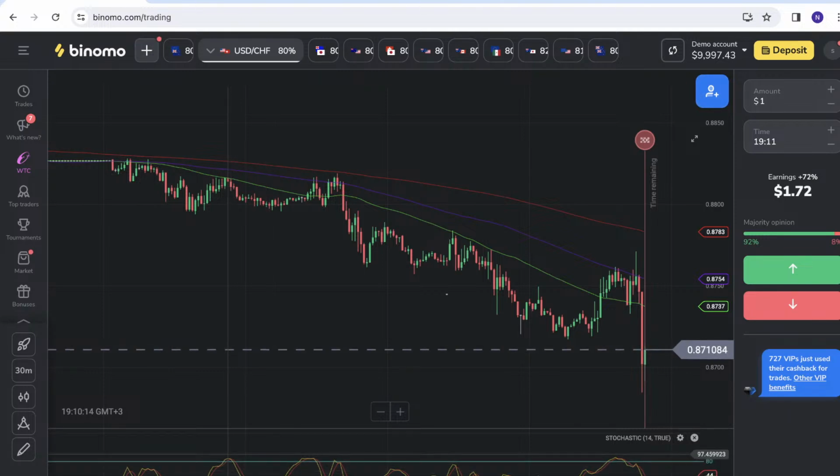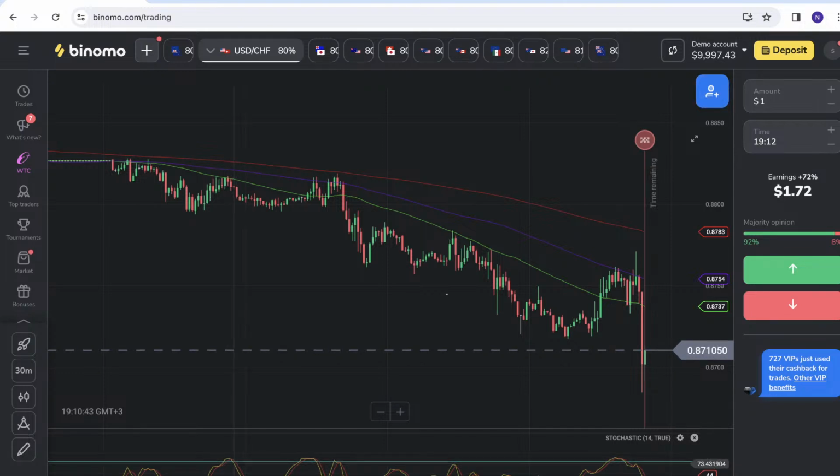So what can we do when stochastic breaks the 80 line from bottom to top? At this point we can say: please be careful, be ready, price was rising so much, it can go down again. We are waiting for stochastic to break the 80 level from top to bottom. We are not opening trades before that. When stochastic breaks from top to bottom, at this point we are opening a down trade.